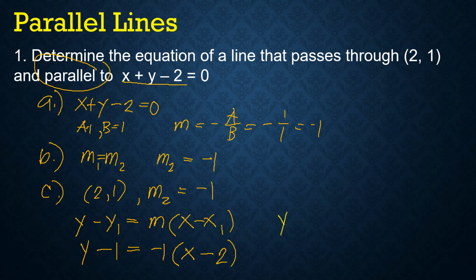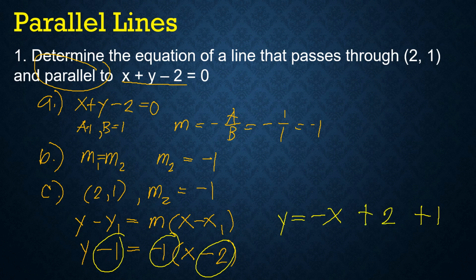So we have y is equal to, negative 1 will become positive 1 on the other side. Negative 1 times x is negative x, and negative 1 times negative 2 is positive 2, so we have plus 2.